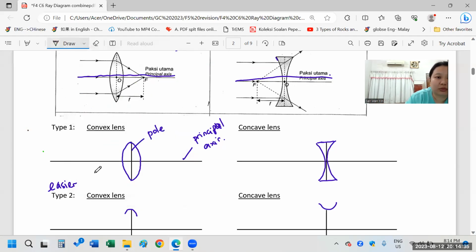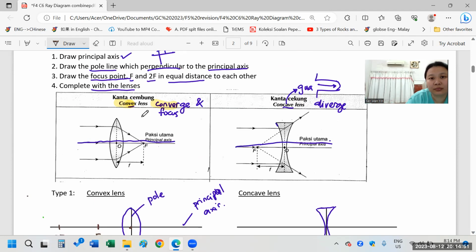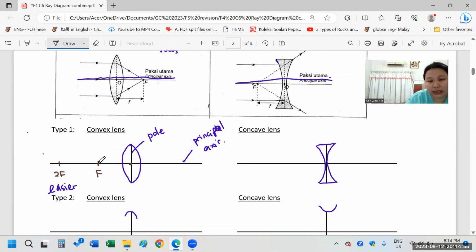For example, you measure 2 cm here, there you write F. You measure another 2 cm or 4 cm from the pole, from the center, you write 2F. Equal distance, yeah? Equidistance, right? So if here you draw 2 cm, here you must draw 2 cm, use ruler, alright?